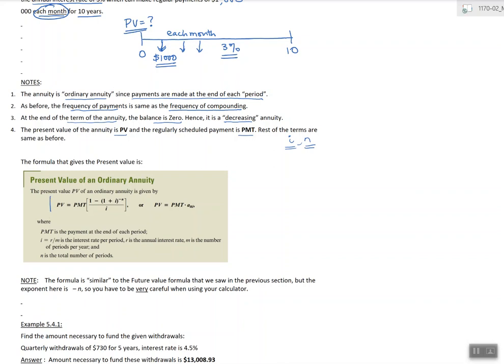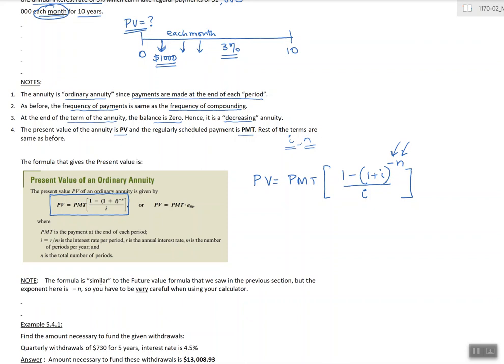So the formula for this problem comes out to be this. The present value is PMT times 1 minus 1 plus I raised to the power negative n, please notice negative, divided by I. So it's very similar to the previous one, but obviously it is different and you have to be very careful.